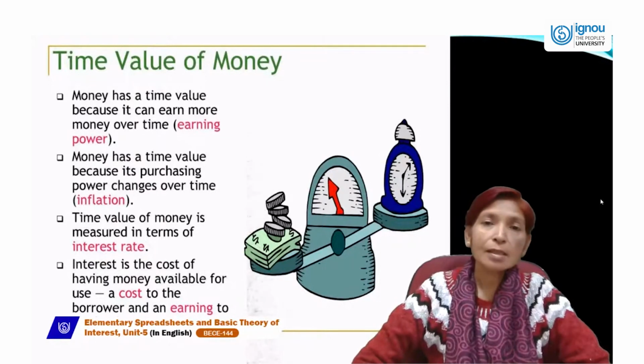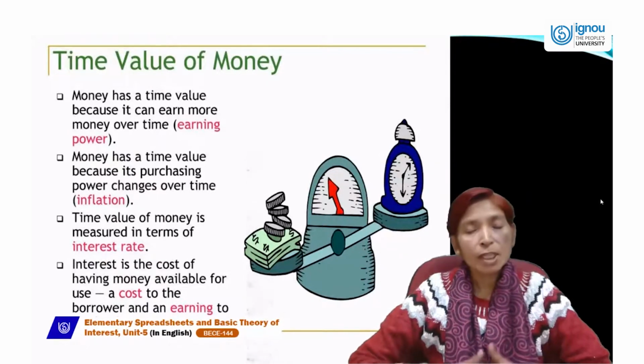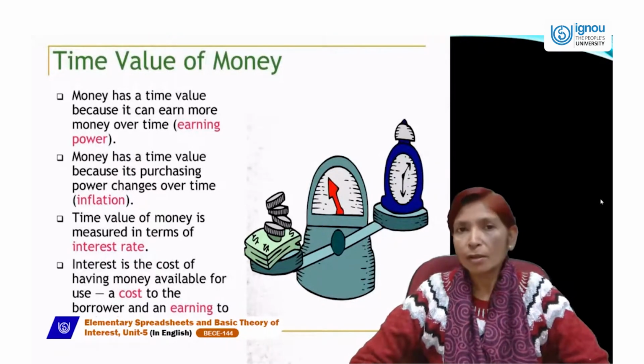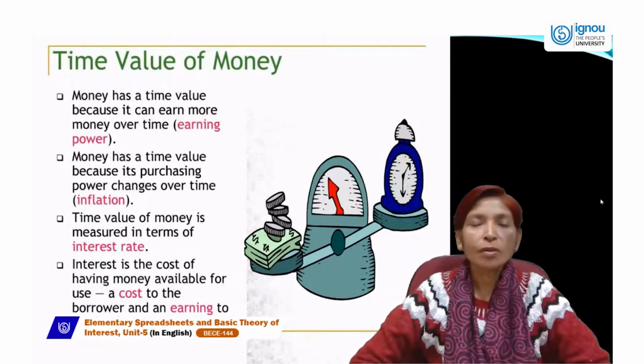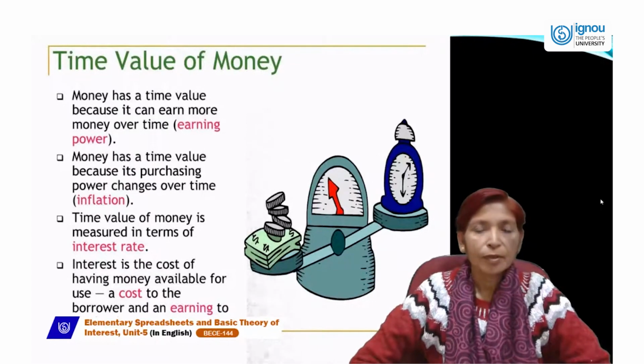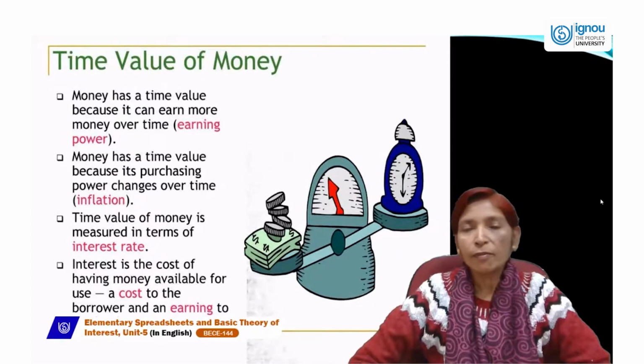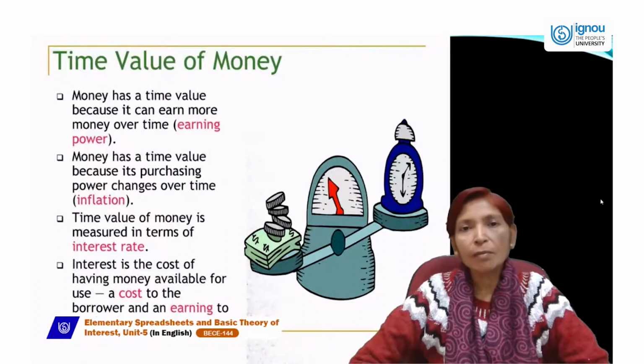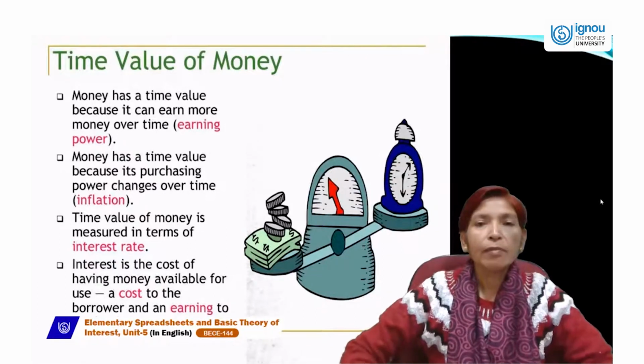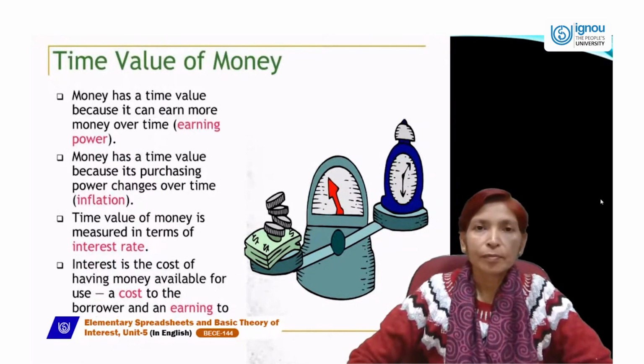When the price level rises, the purchasing power of money will fall. It means the value of money will also fall. So, if inflation exists in the economy, then the value of money will fall.